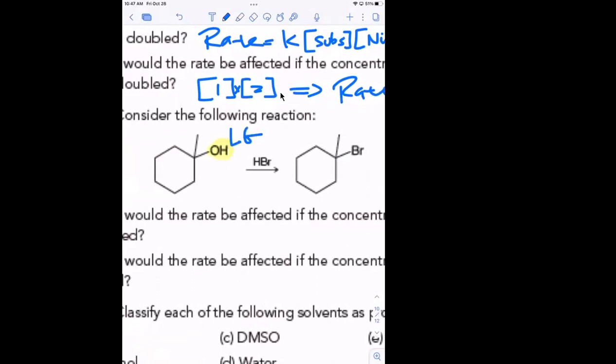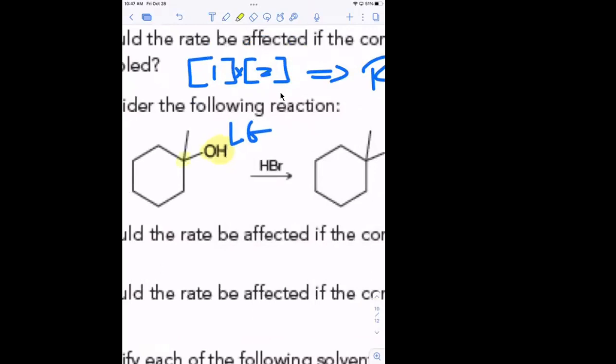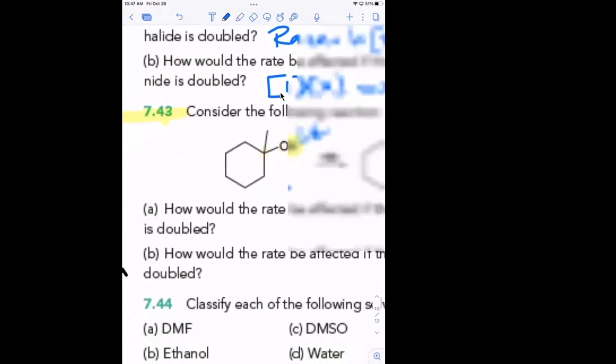So what's the bond order there? Primary, secondary, tertiary? You're talking about this carbon right here. Tertiary carbon. Once you know that, you know it can't be SN2, because the carbon is too crowded. So now we know it's SN1.